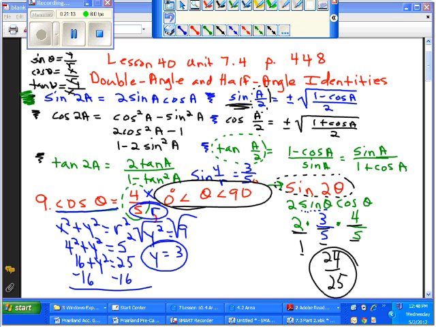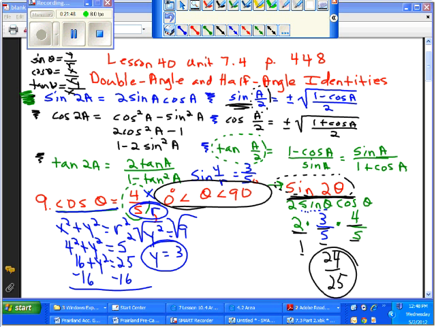Yeah, we found the value of sine 2 theta. The statement was, we're talking about sine 2 theta, and we want the answer to sine 2 theta. Theta is in quadrant 1.